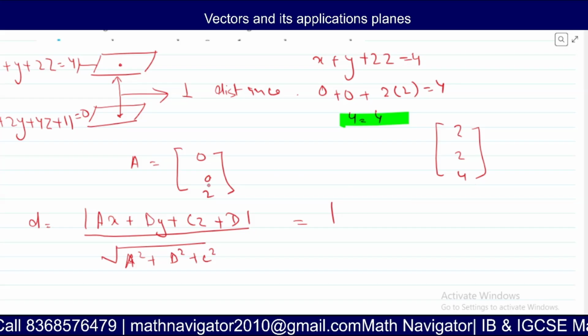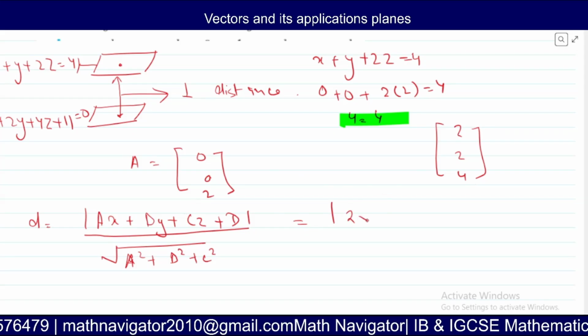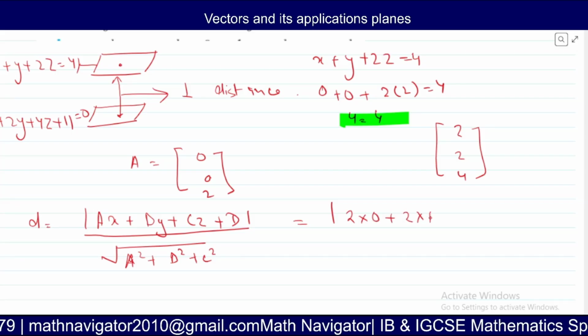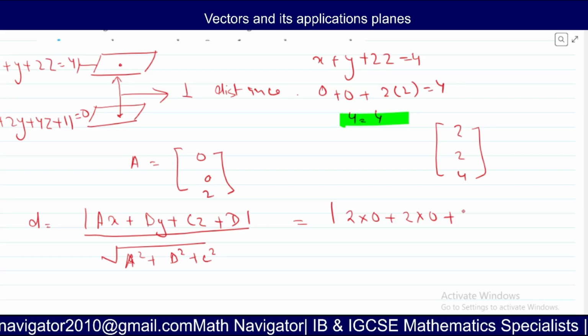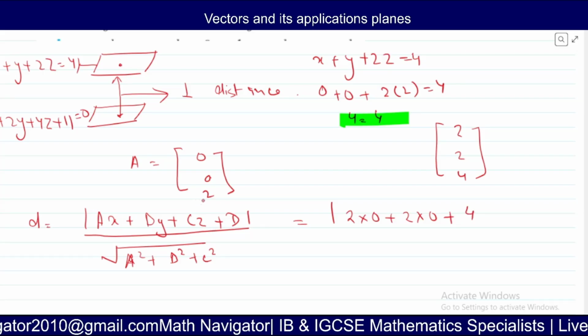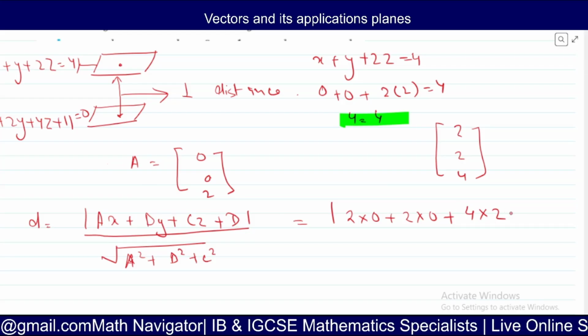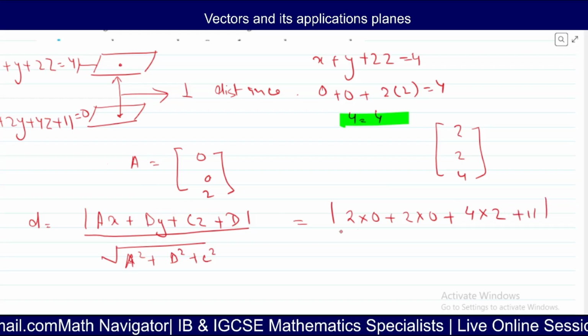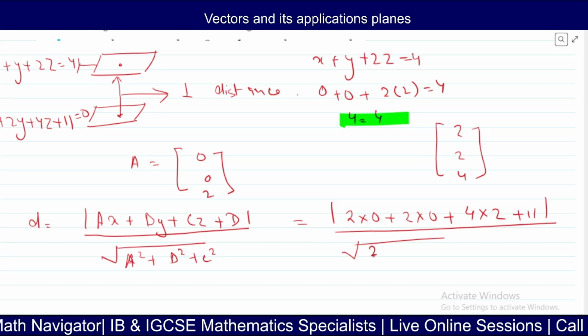So this becomes 2 times 0 plus 2 times 0 plus 4 times z, which is 2, plus d, which is 11, over under root of 2 squared plus 2 squared plus 4 squared.